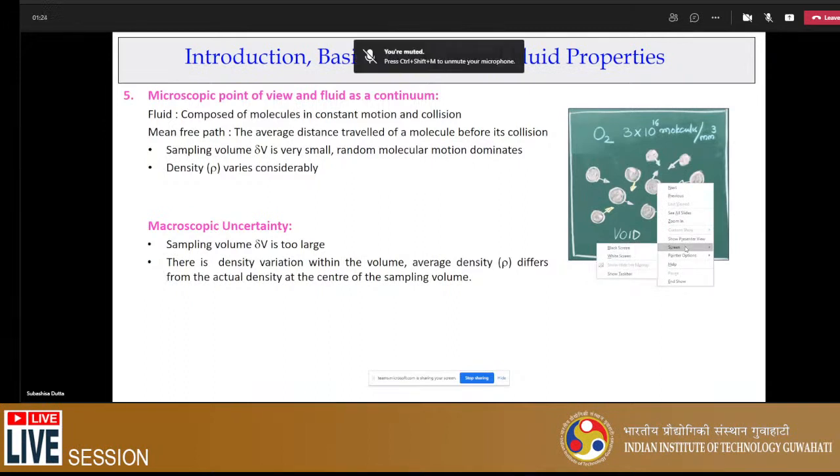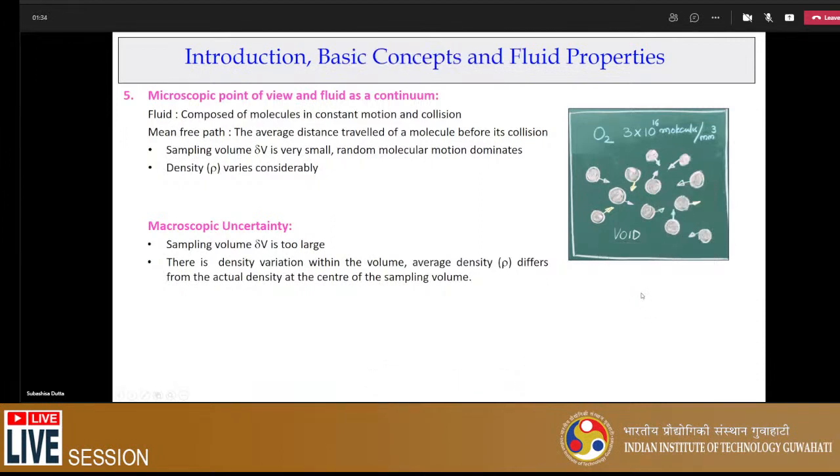Please look at it, reread it and try to understand that when the sampling volume is too large, the average density we get from the sample volume doesn't represent the actual density at the center of the sampling volume, and you get uncertainty. That means density can have variability. So that is what microscopic uncertainty is.